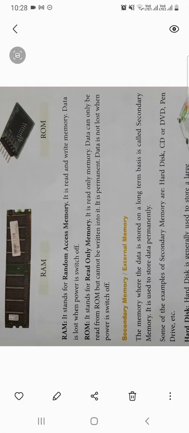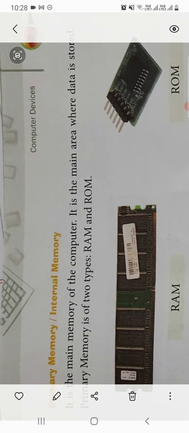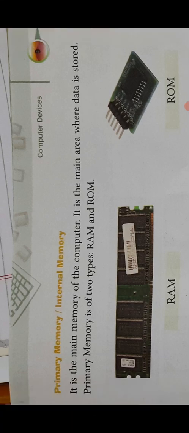What are those? Primary memory or internal memory. That means it is the main memory of the computer, the main area where data is stored.